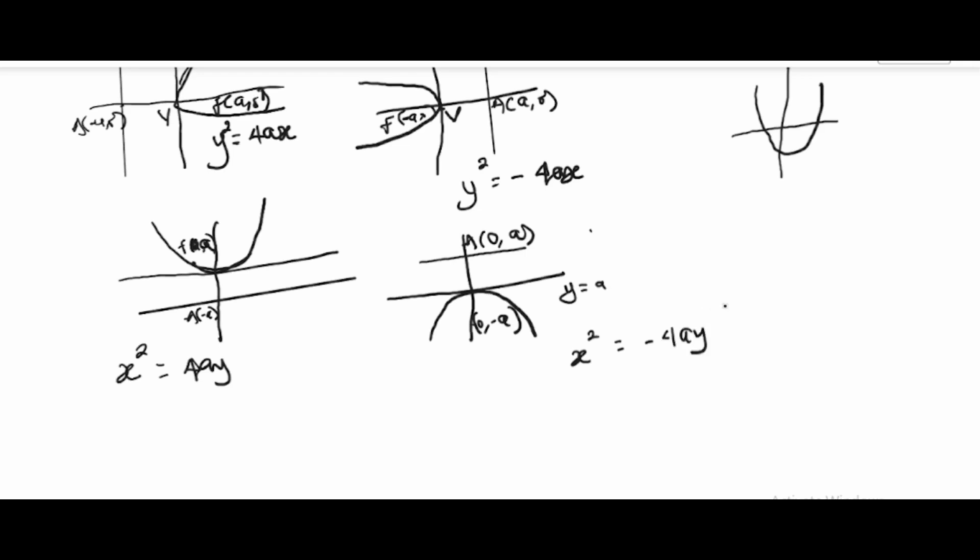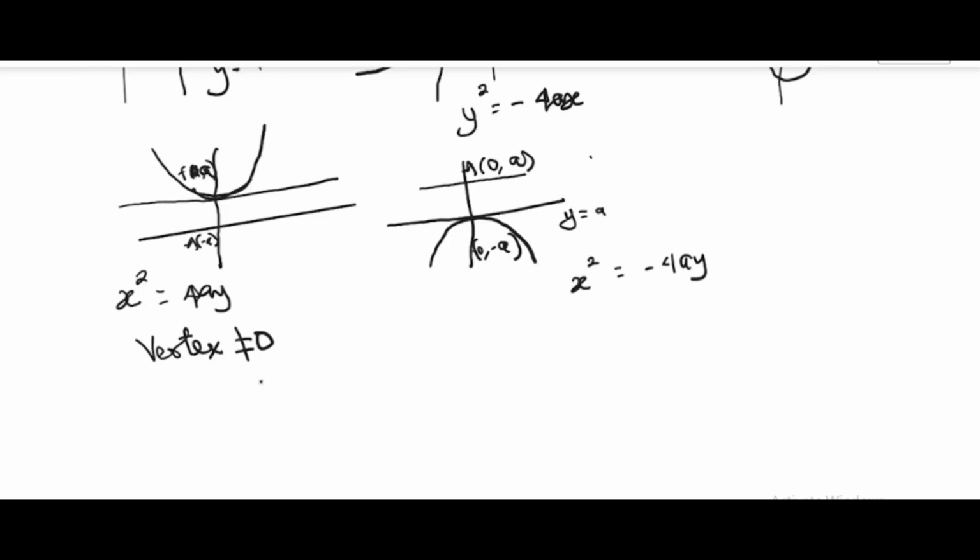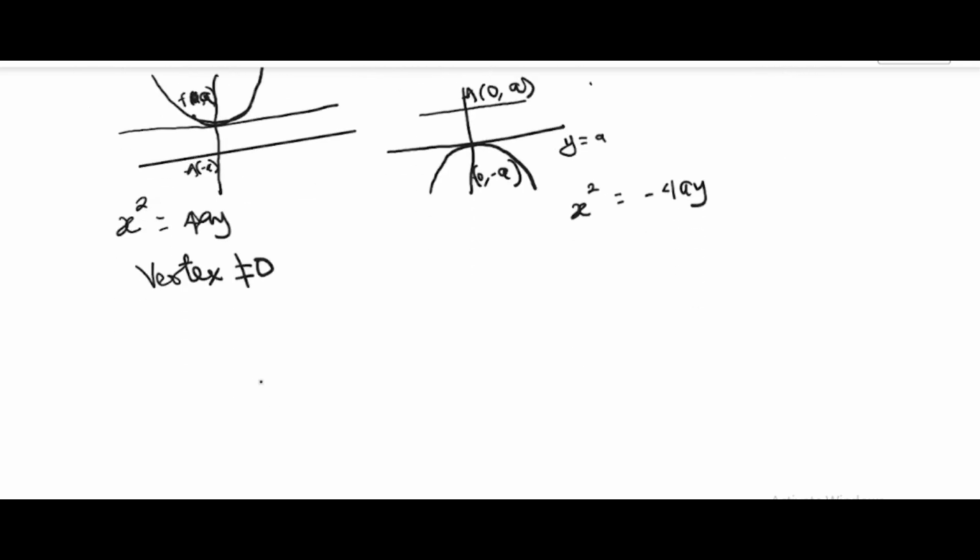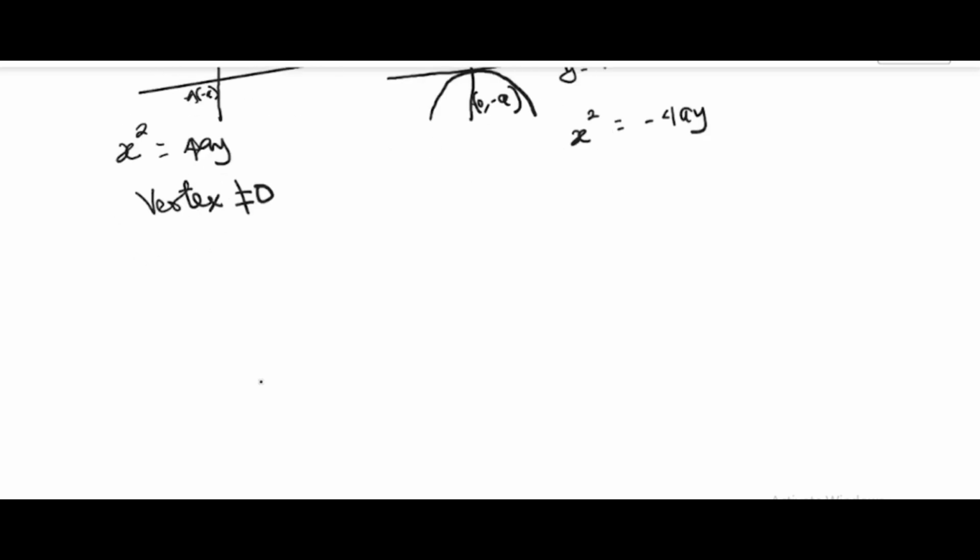Now, before I proceed, so that we can quickly solve questions, what happens when the vertex is not 0? That is exactly the normal parabola you've always known in the quadratic equation.